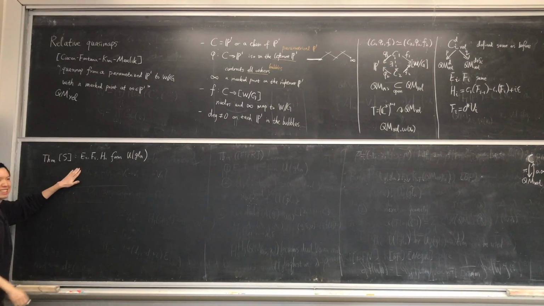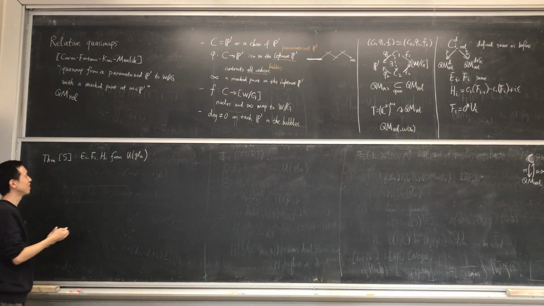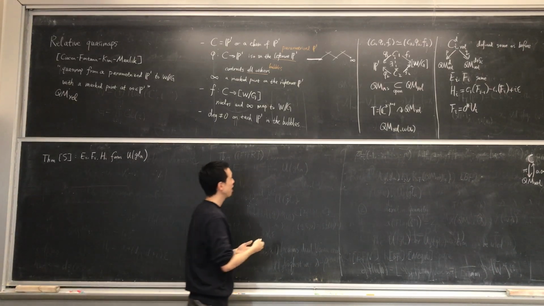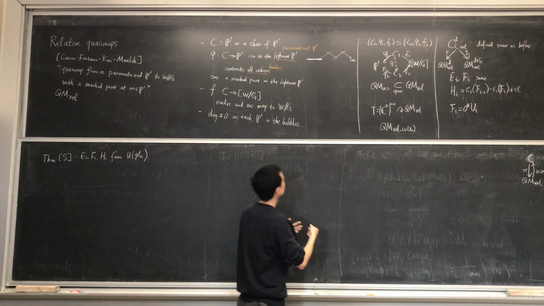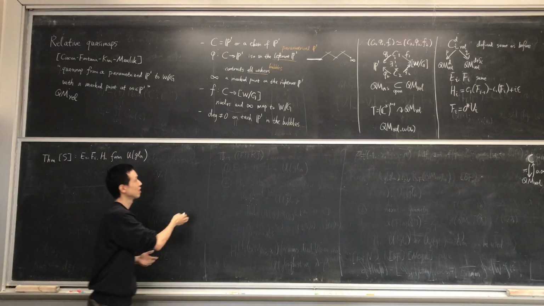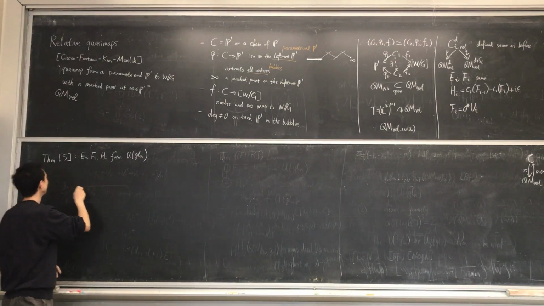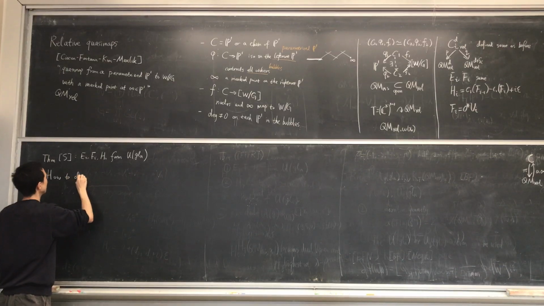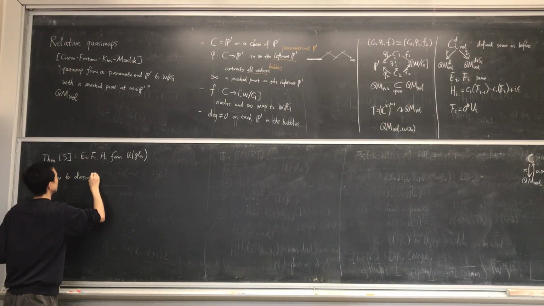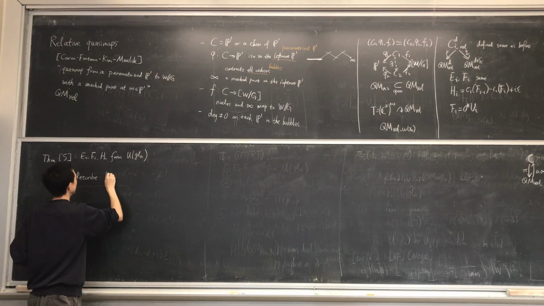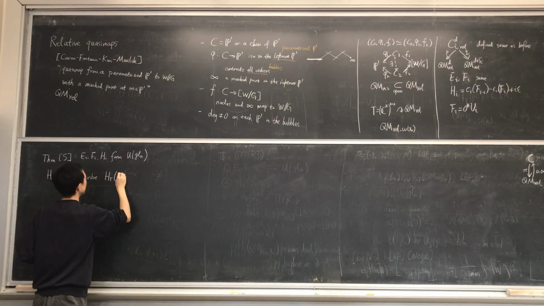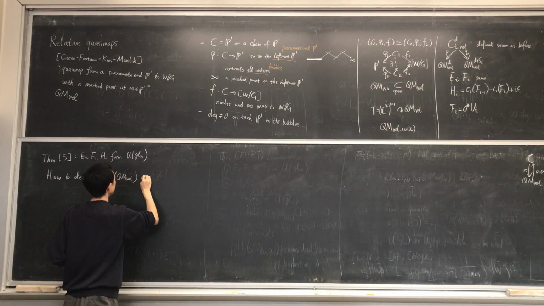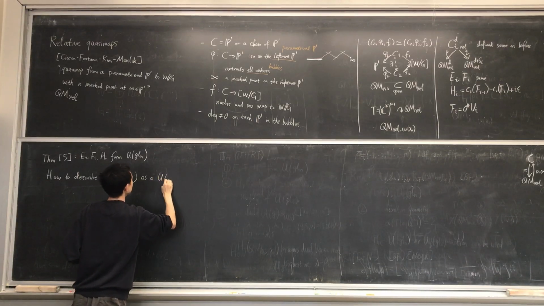But after this, there's another step that you need to describe the structure of this equivariant cohomology. I guess the question is how to describe this thing as a GLN module.